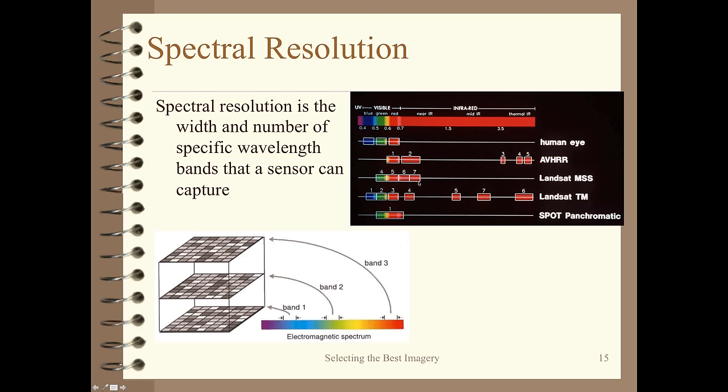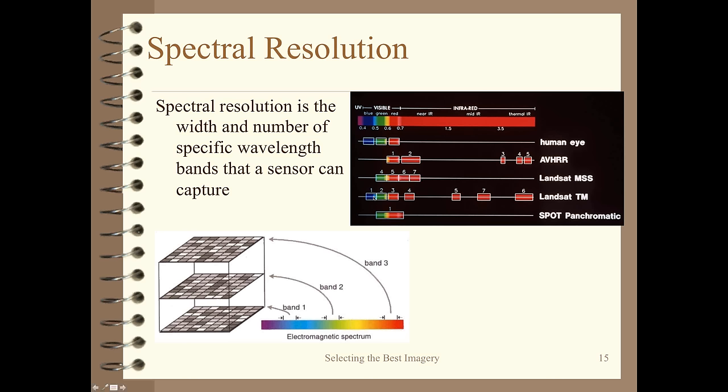Then we get to that first Landsat satellite that's been around since the 70s, and we're talking about green, red, and near-infrared. We talked last time about the benefits of looking in the near-infrared portion of the spectrum and the fact that we get vegetation stress detection in the infrared portion long before we can see it visually. Then we got Landsat Thematic Mapper, the second generation of Landsat satellites, and we talked about this last time too.